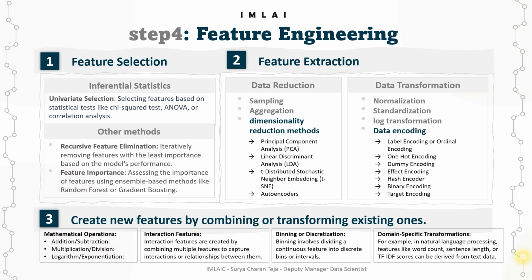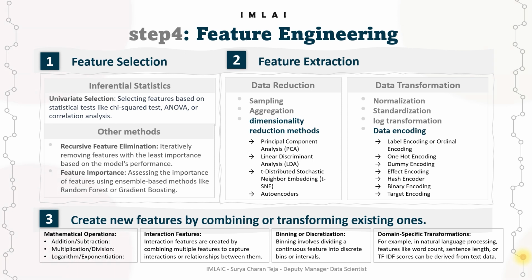Feature engineering, on the flip side, involves transforming the existing features or creating new features to improve the performance of the machine learning model. It's a creative process that leverages domain knowledge, very, very important domain knowledge, and data understanding gained through EDA.